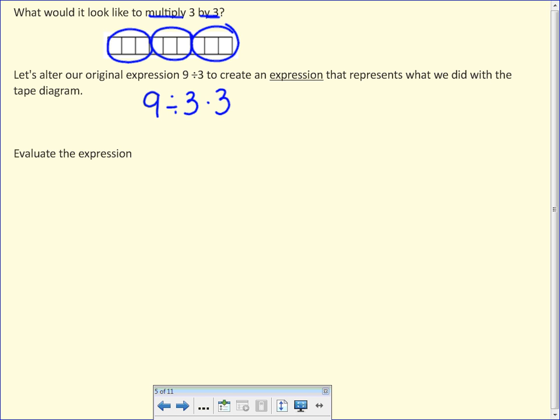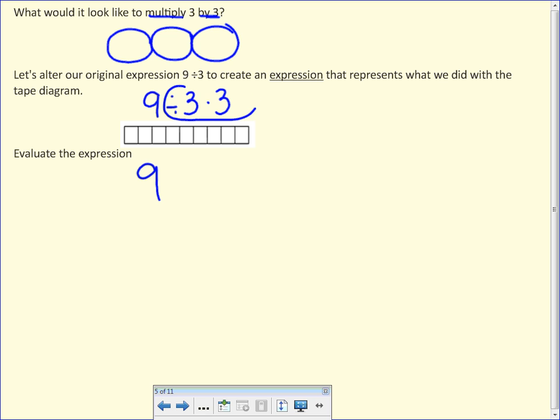Multiplied it by 3. And what did I get when I multiplied it by 3? It went right back to 9. So when I divided and multiplied by the same number, what did I get? My original number back again.